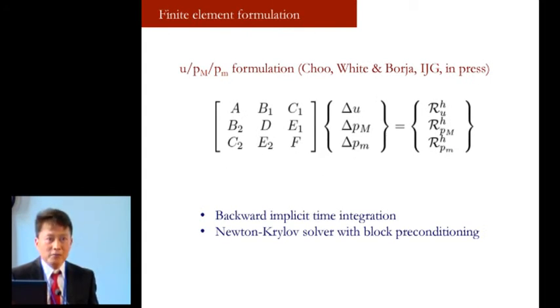So the finite element formulation is very similar to the two-phase formulation with solid and water, at least for the fully saturated material, except for the fact that we have accommodated the pore pressure variable in the micropores and the macropores. So we have an expanded mixed finite element where there are two pore pressure degrees of freedom at each node in addition to the solid displacement degree of freedom.